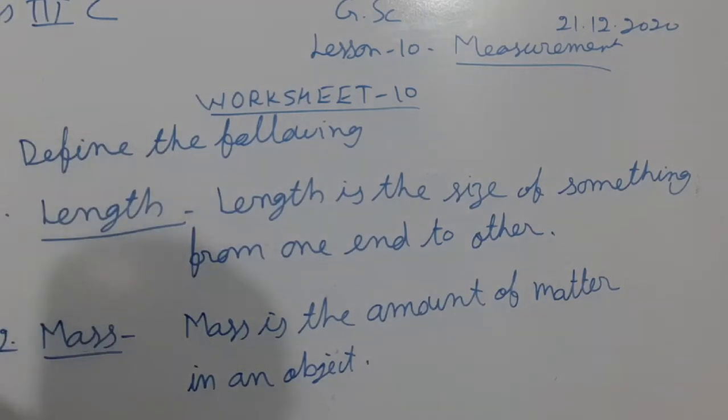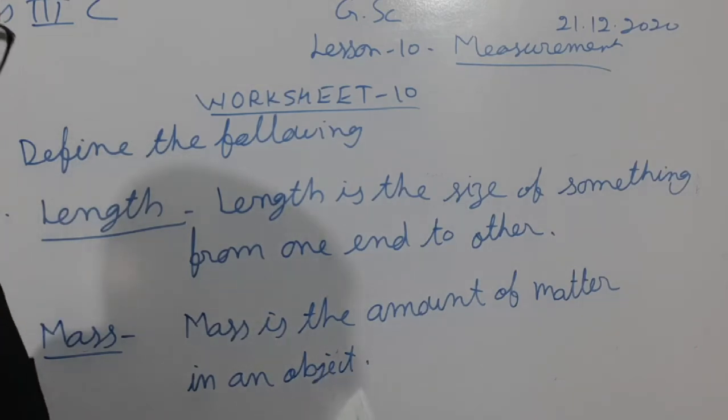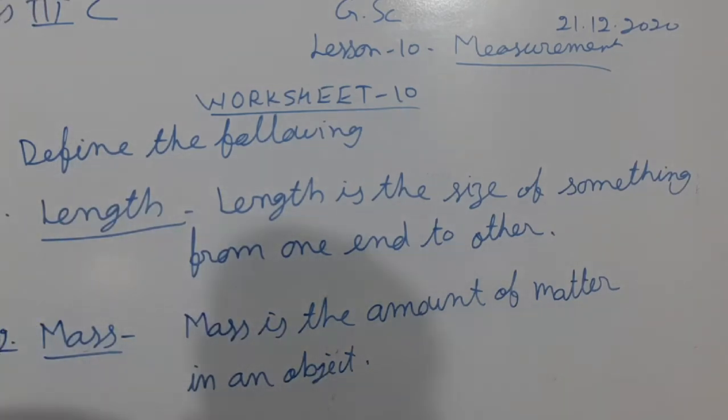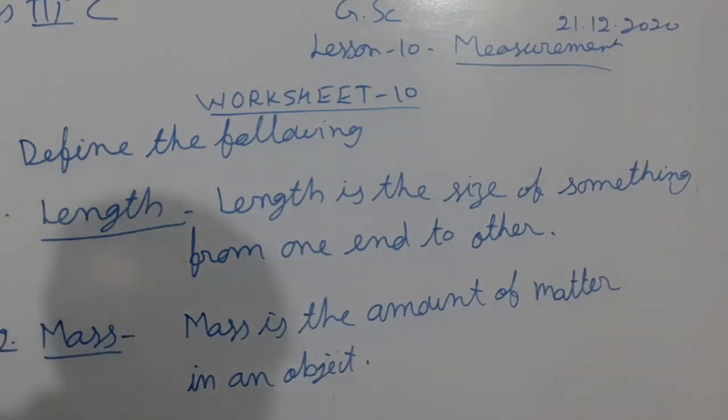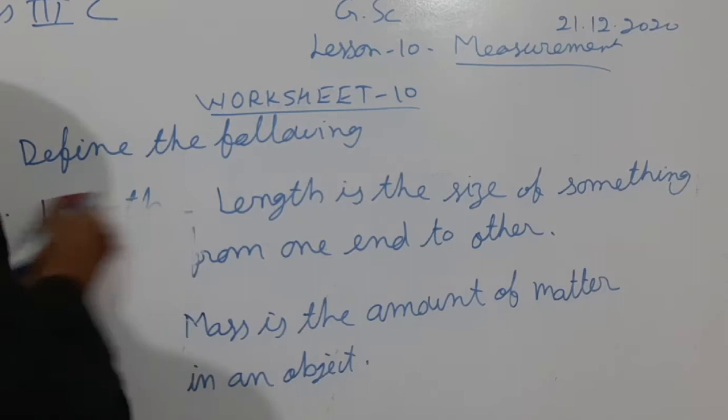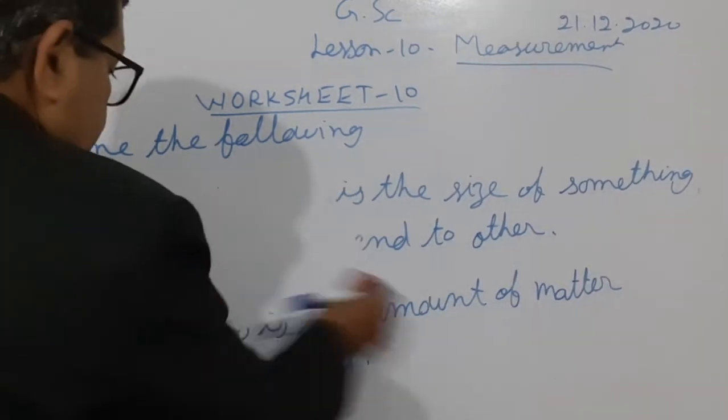Mass is the amount of matter in an object.